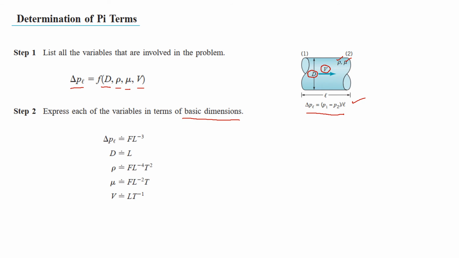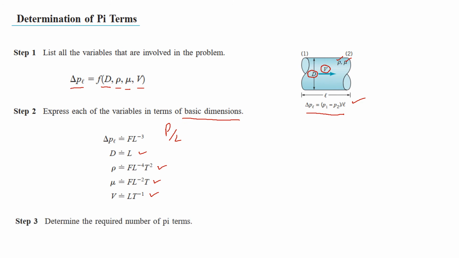So this will be the basic dimensions of pressure per unit length, so this will be P over L. This is the diameter dimension, which is length. This is the dimension for density, for viscosity, and for velocity. So in the second step, we express each of the variables in terms of its basic dimensions.